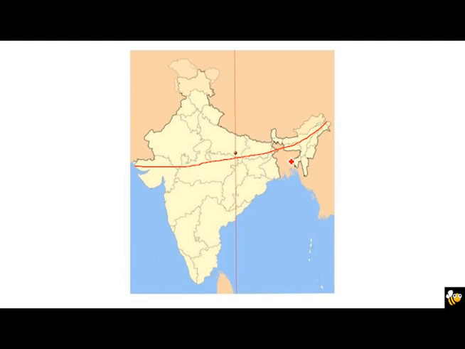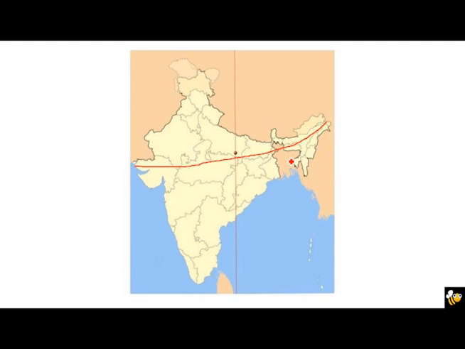India is located in the east of Greenwich, at 82 degrees 30 minutes east. If we calculate the difference, India is 5 hours and 30 minutes ahead of GMT, that is Greenwich Mean Time.